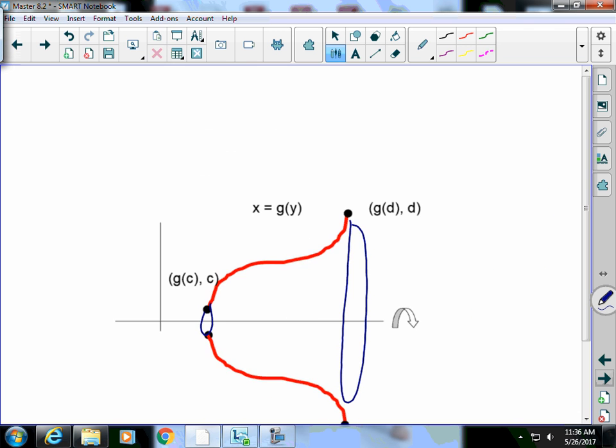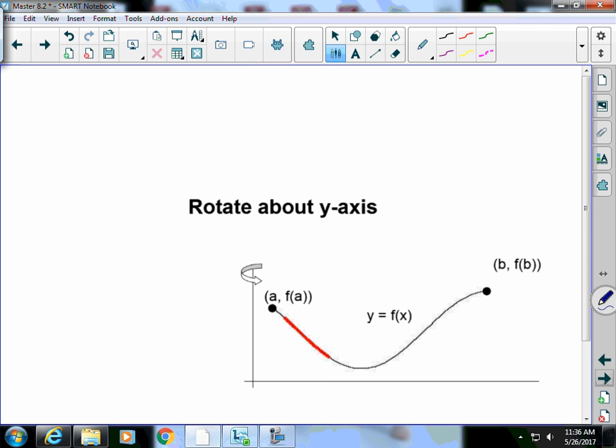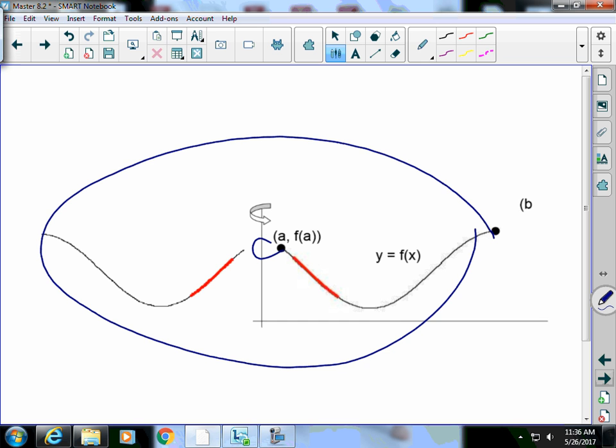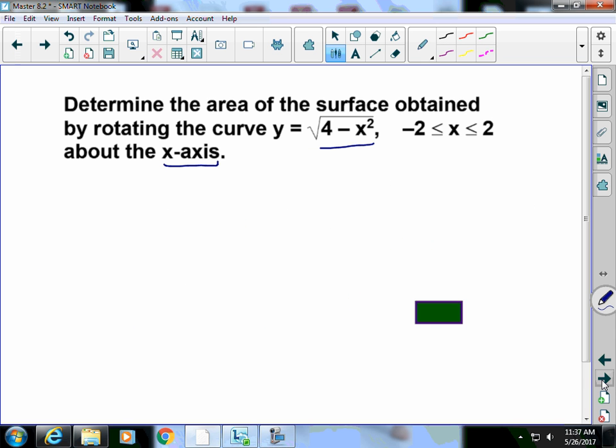Right? According to that, it's 2 pi the function. So we want A to be the integral of 2 pi f of x times the square root of 1 plus (dy/dx) squared, dx. That's the function that we're going to use to solve this problem.